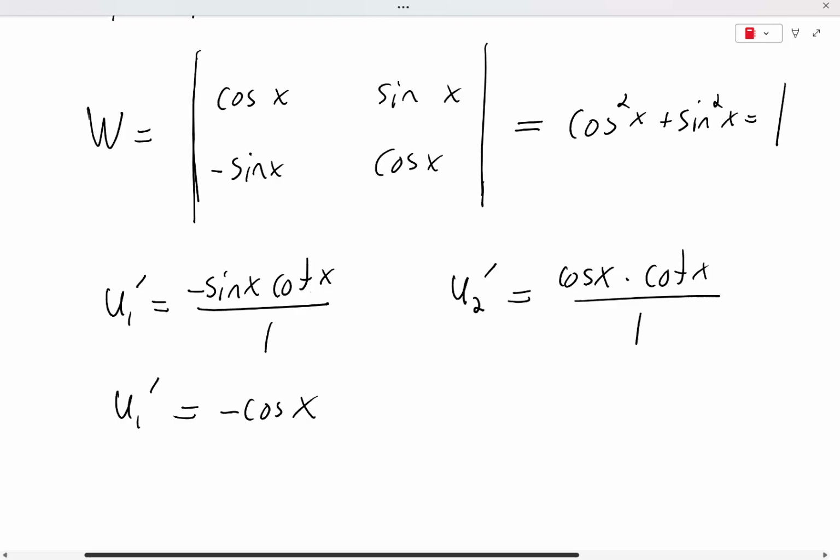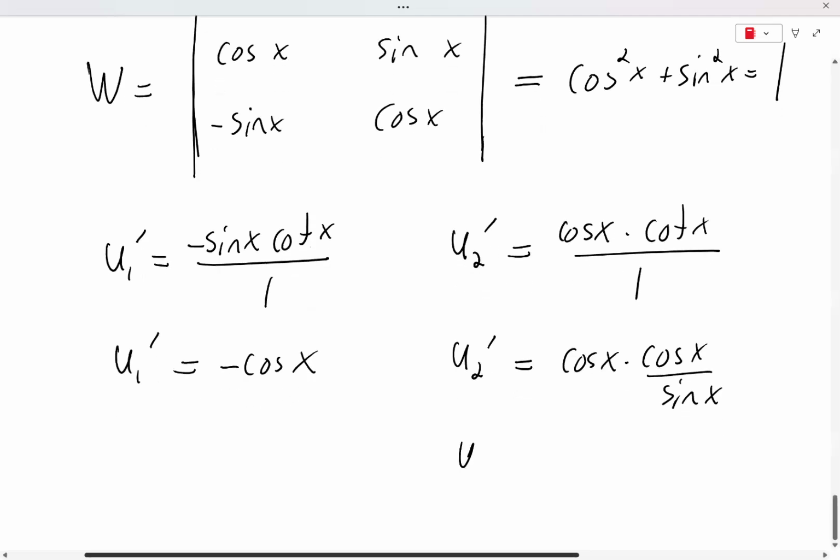Then over here, not as nice. This is cosine over sine, so you get cosine squared x over sine x.